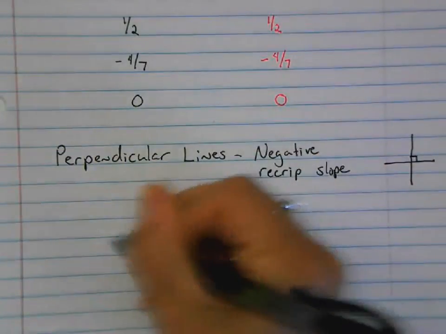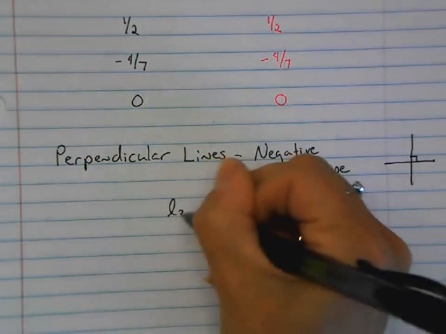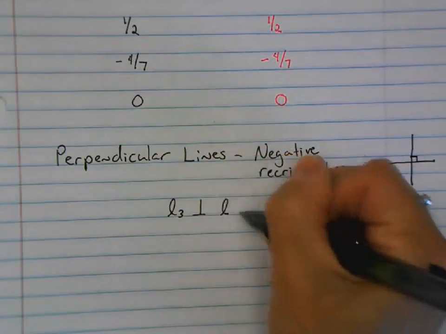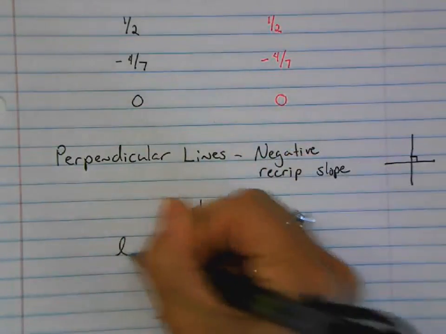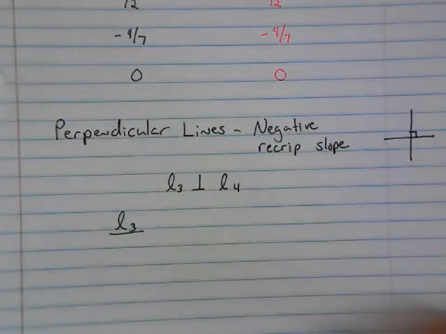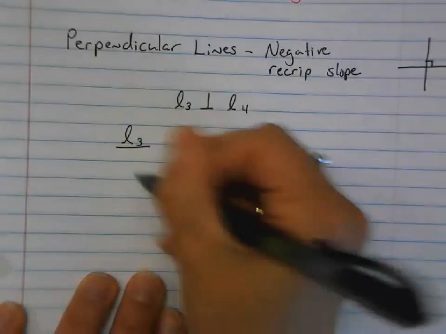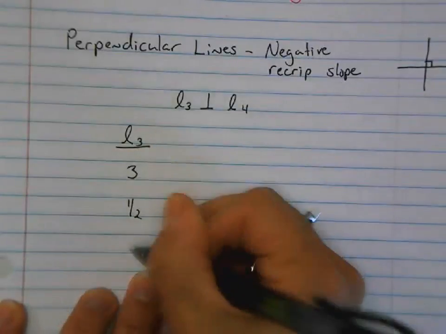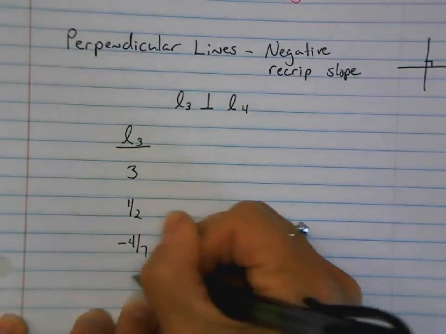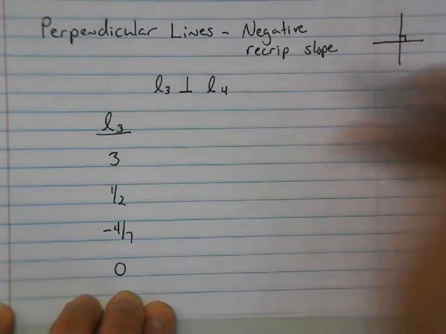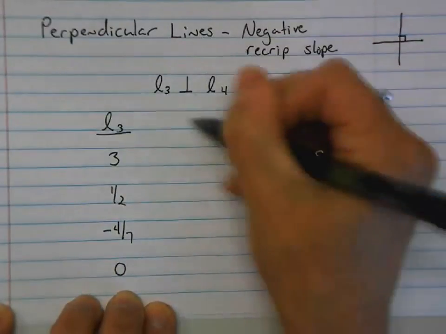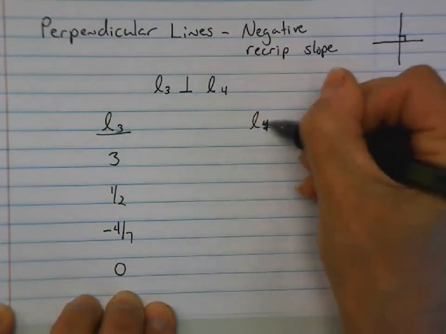Okay, so again, let's say that we've got line 3 perpendicular to line 4. I'm going to give you the slopes of line 3. We're going to make them the same as they were in the other example: 3, 1/2, -4/7, and 0. Alright, and let's talk about line 4, who is perpendicular.